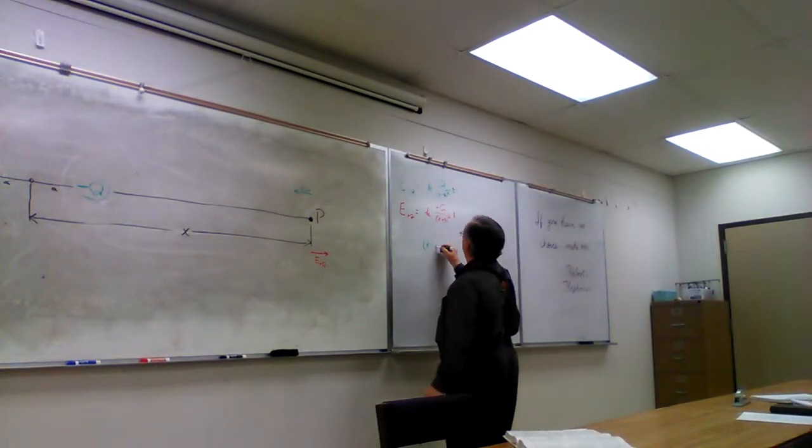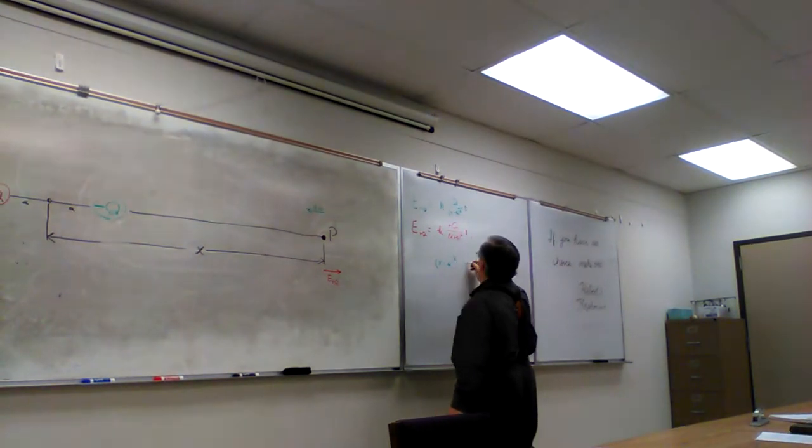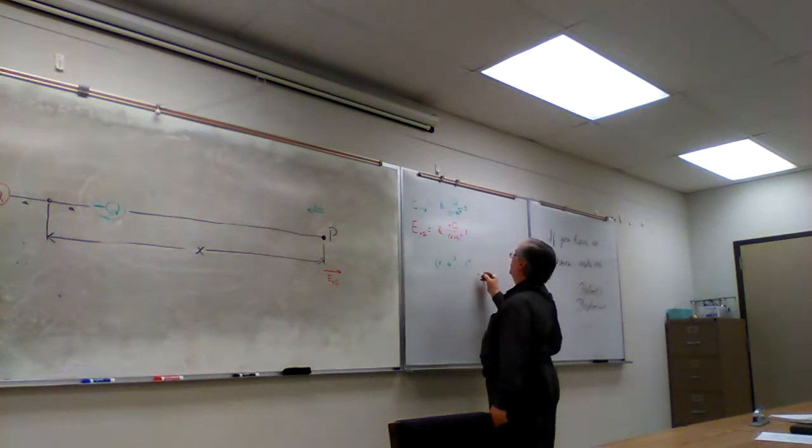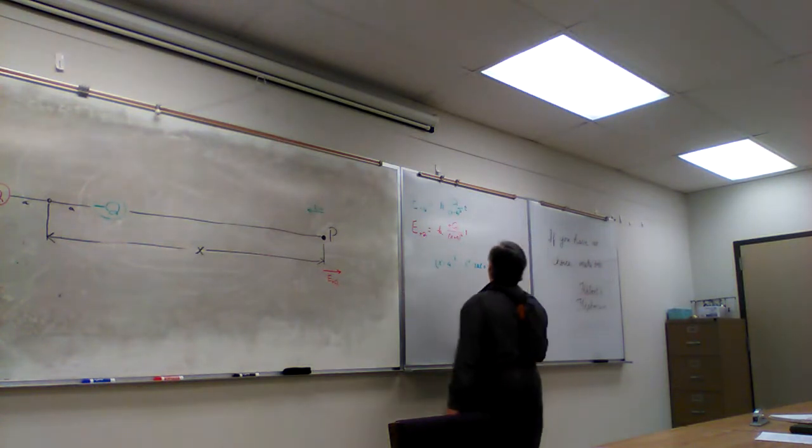Okay. x minus a squared is equal to x squared minus 2ax plus a squared.